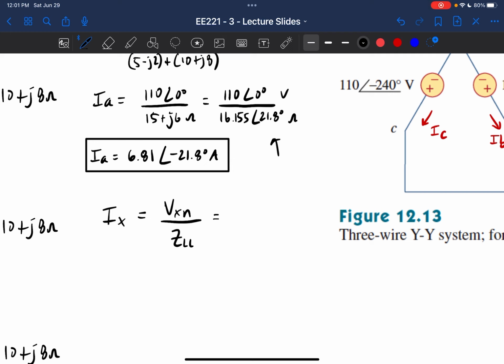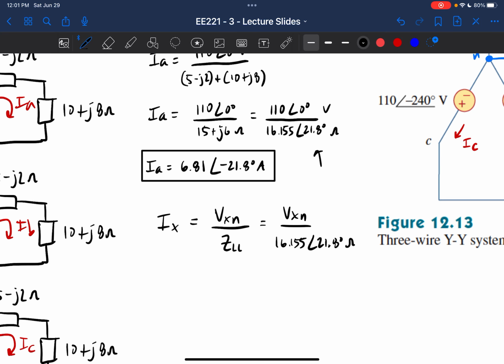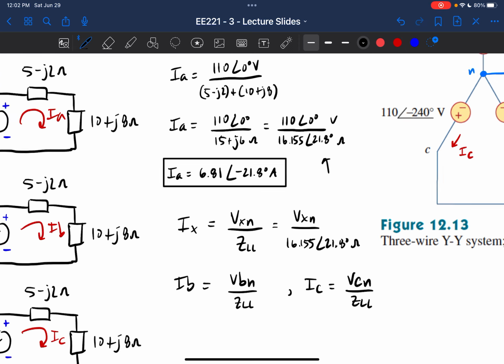And that's going to be equal to VXN divided by, for us, 16.155 angle 21.8 ohms. What do I mean by this X? If I want to find IB, all I need to do is put VBN here divided by ZLL. And if I want to find IC, all I need to put is VCN divided by ZLL, right? That makes sense.